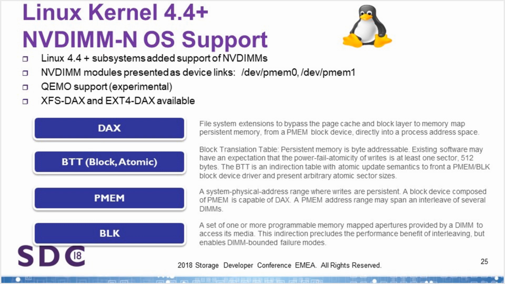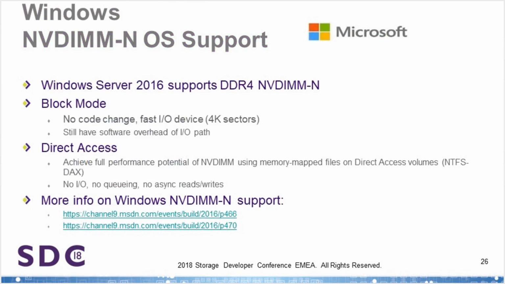This even allows you to have a PMEM address space span an interleave of several DIMMs. And then Windows Server 2016 supports this DDR4 NVDIMM-N block mode, not NVDIMM-P yet. But the nice thing is you don't have to change your code. You just get a much faster device.